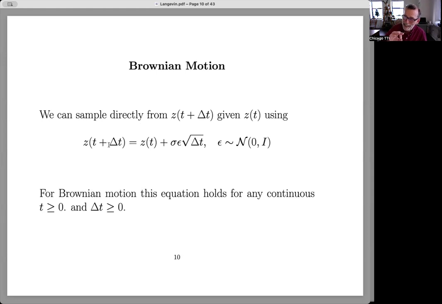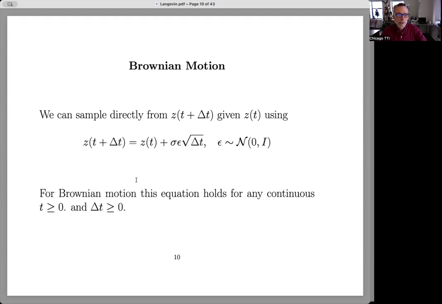That particle's position is some function of time, but for any finite interval, it's got an amount of noise proportional to the square root of the delta t of that interval. So Brownian motion is defining a probability distribution over a function of t that satisfies this equation: the value at t plus delta t is the value at t plus an amount of noise that goes as the square root of delta t.